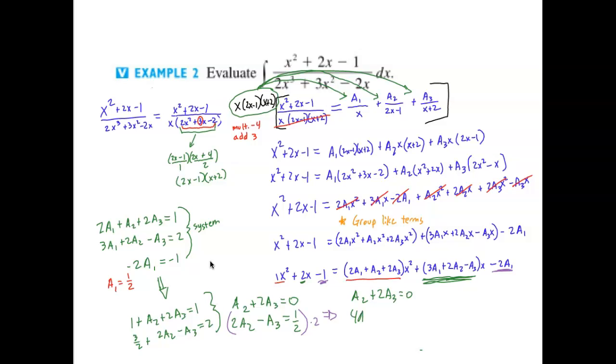And then I'll have 4a2 minus 2a3 equals 1. Remember, the way that you solve by elimination is you set them up so that when you add them together, one of the variables gets completely eliminated. So now when I add these, I get 5a2 equals 1, because the a3s are gone, and that tells me that a2 is a fifth.